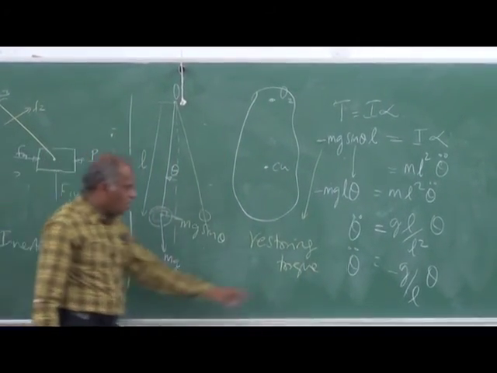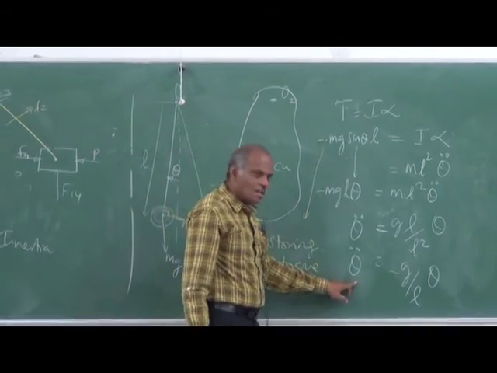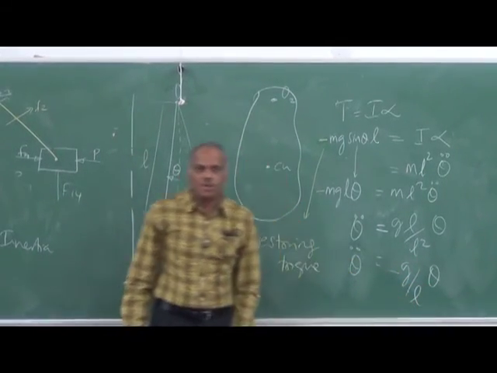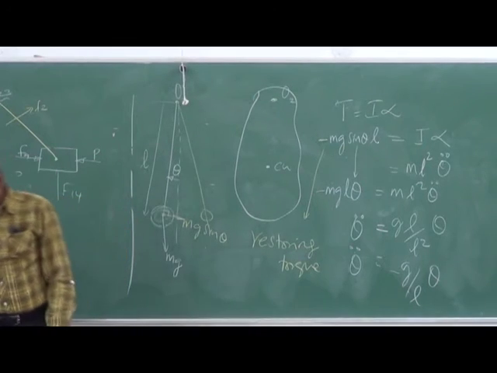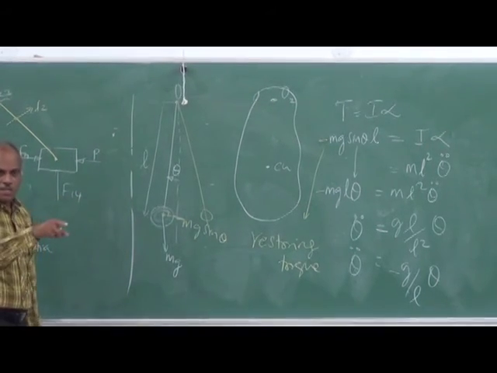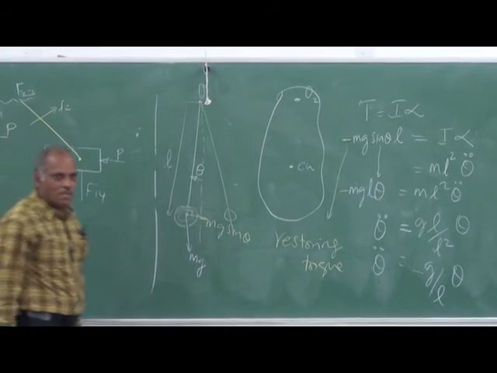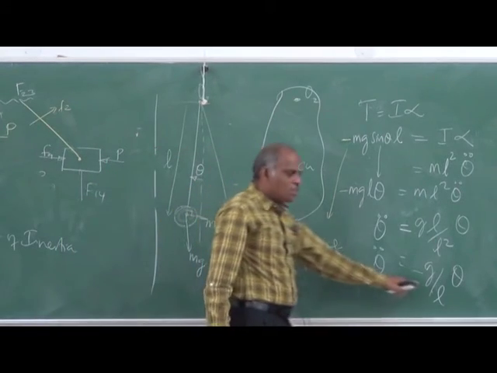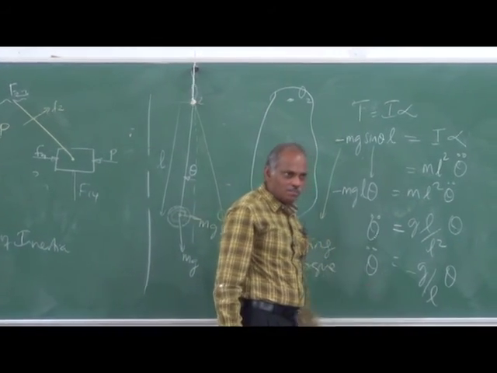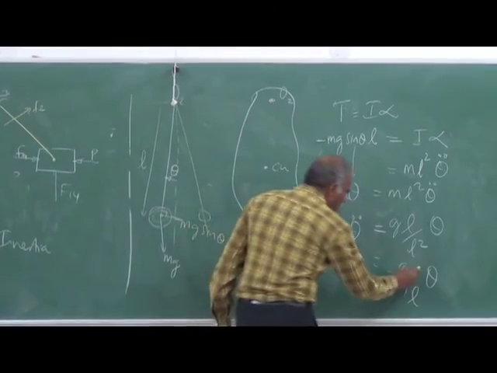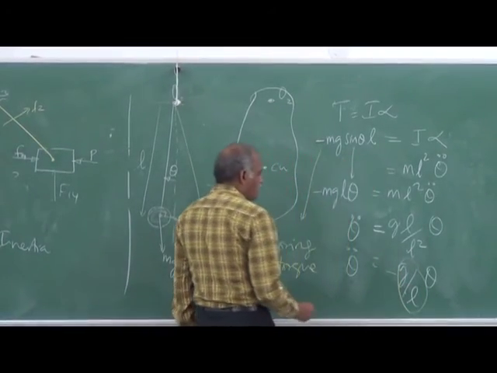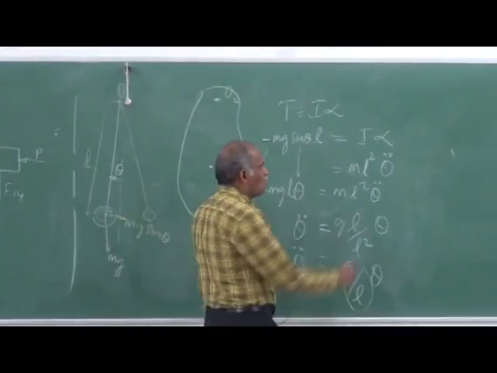So here we are looking at an equation where the acceleration is proportional to the displacement, but with the opposite sign. Then this is an equation of a simple harmonic motion. So this particular term would be referring to omega square.